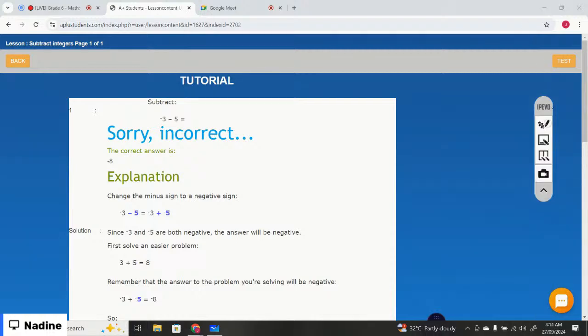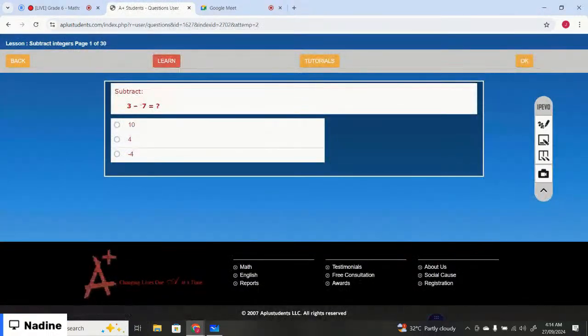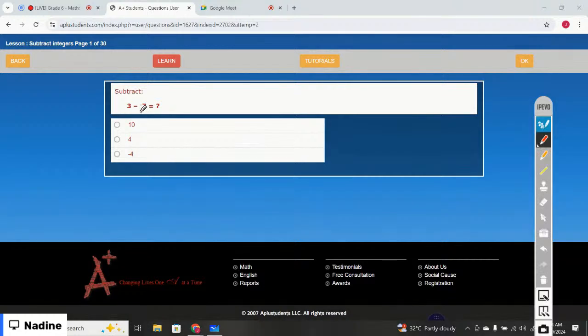Okay, let's just start with the test questions. 3 minus negative 7. So you are subtracting a negative integer. That's subtracting a negative integer, so that is the same as adding, right? You have to do 3 plus 7.